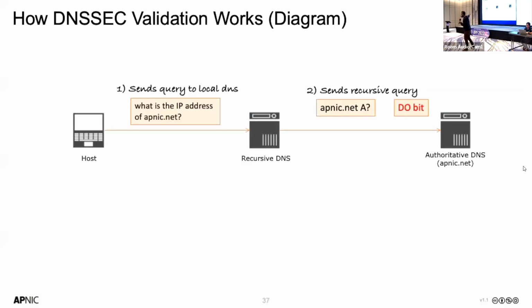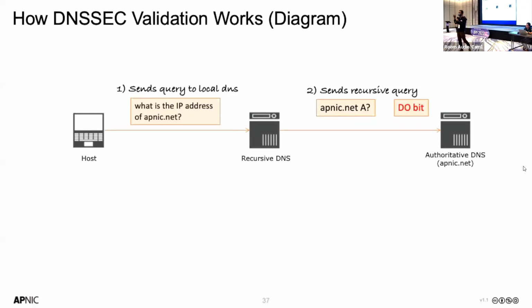So our recursive resolver that's sitting in the middle queries what is the A record for apnic.net, along with a bit called the DNSSEC OK bit, or DO bit. That's a hint from the recursive resolver to the authoritative DNS saying that if you have DNSSEC related information, also supply that along with your answers.